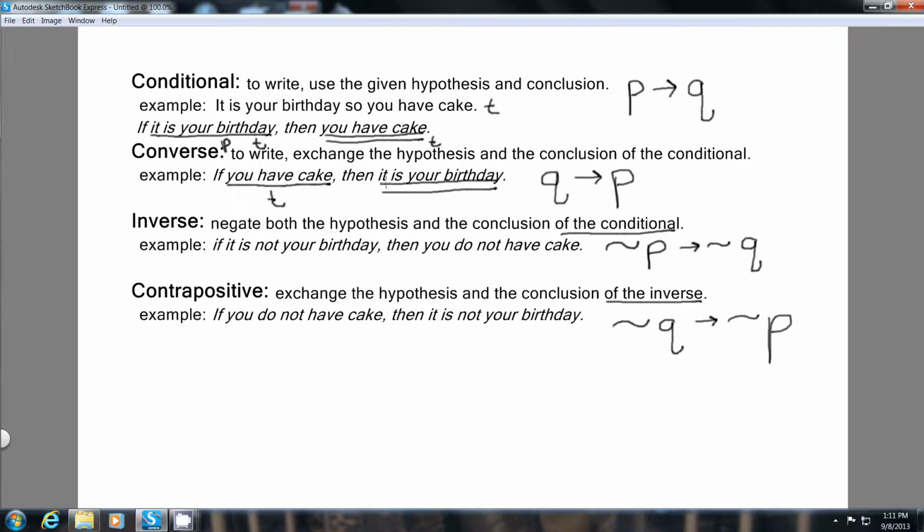Now we've got to decide if that is true or false. Well, just because you have cake does not mean it is your birthday. We've got to look back at our conditional. Our conditional said it is your birthday, you have cake. Because you have cake does not mean it is your birthday. So that could be false. So that would make our entire converse false.